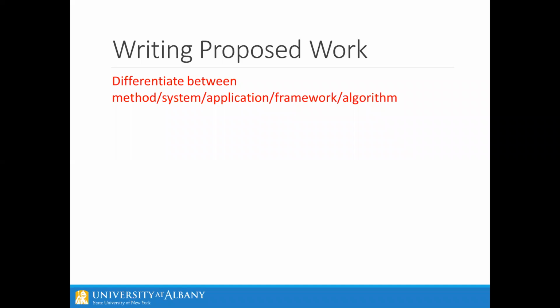Application is something which anybody would be able to use for certain specific purposes. Framework is a set of steps which you perform to do a certain task, and in a framework there could be black boxes, and you can tune those black boxes according to the instantiation of the framework to a particular problem.